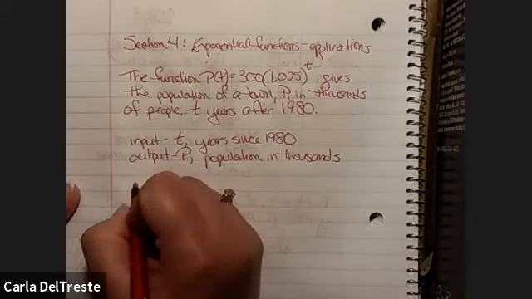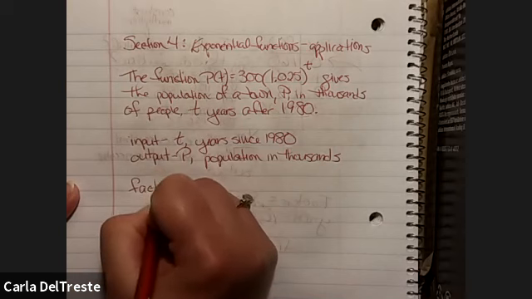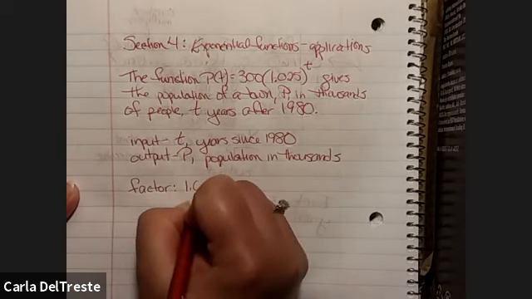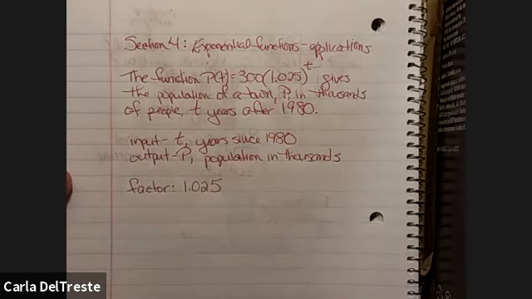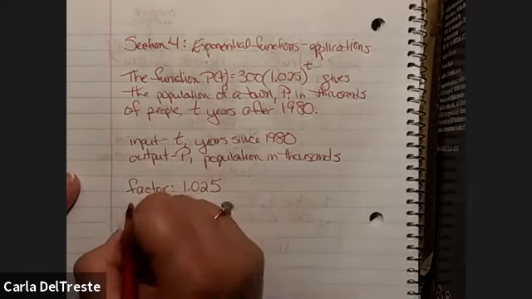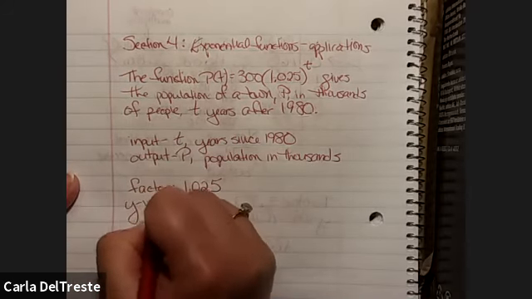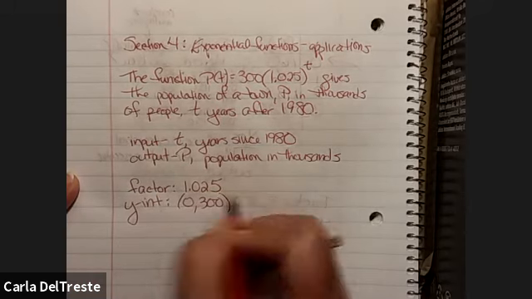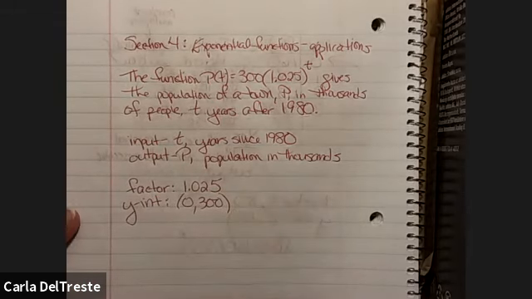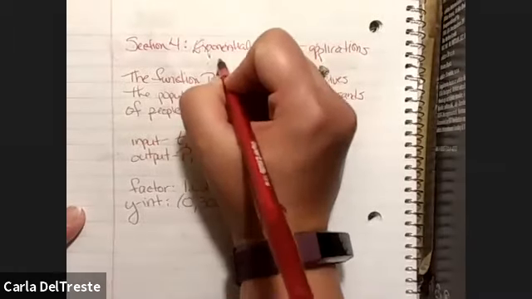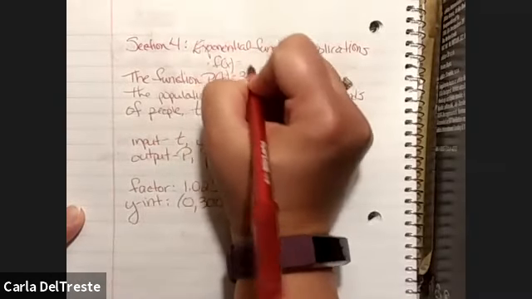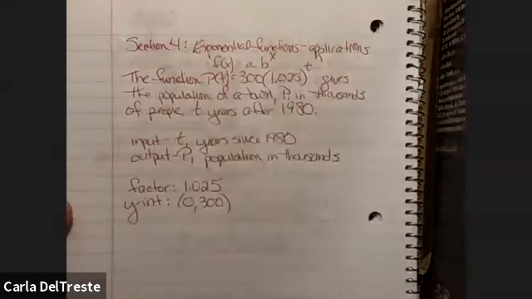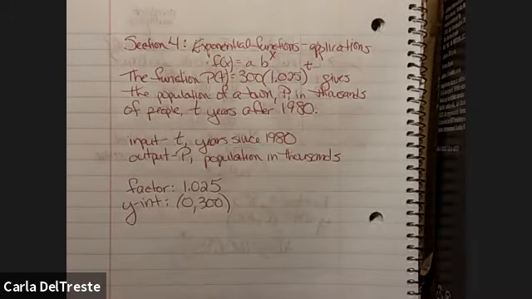I know that my factor is 1.025. And I also can pick out that my y-intercept is (0, 300). I should be able to pick that information out because, again, I'm just comparing this to f of x equals a b to the x, okay? And I know what a and b mean.